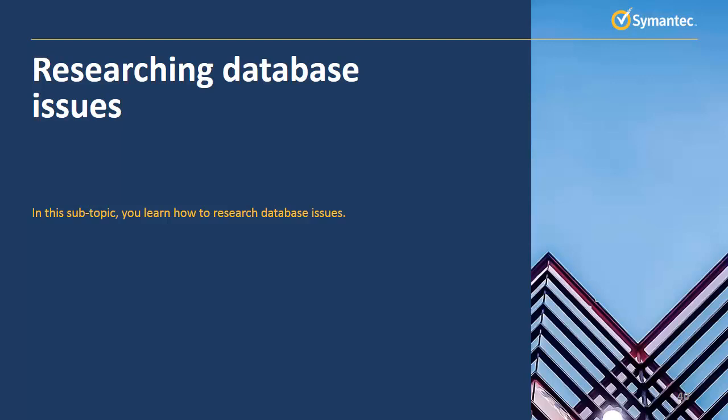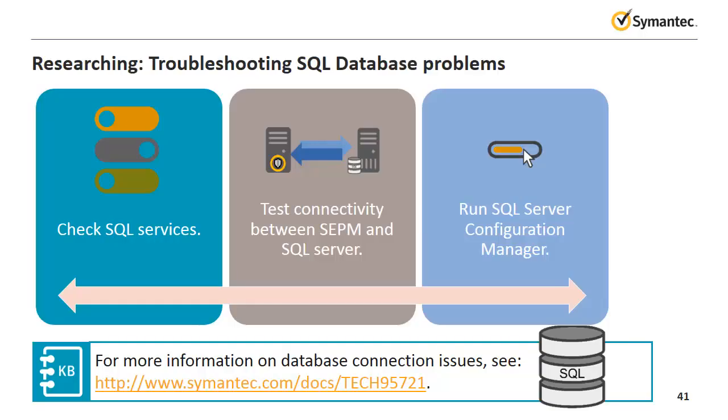Now that we've gathered evidence and established the symptoms, it's time to research. When researching SQL database problems, ensure SQL services are running and the SEPM can communicate with the SQL server. You can test connectivity by logging into SQL Management Studio on the SEPM or testing connectivity via ODBC.